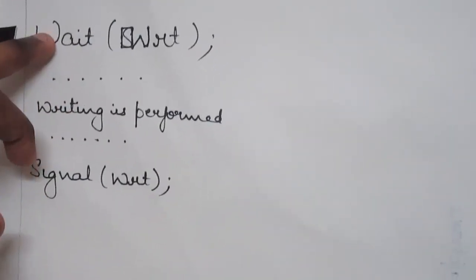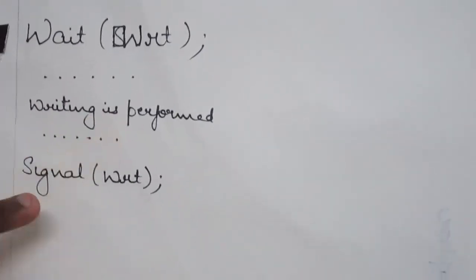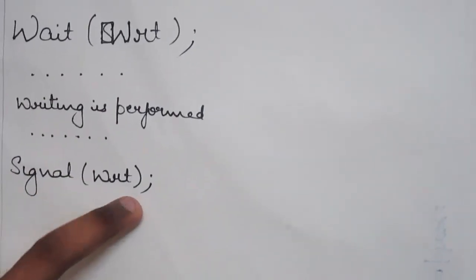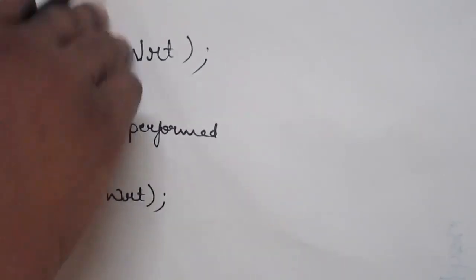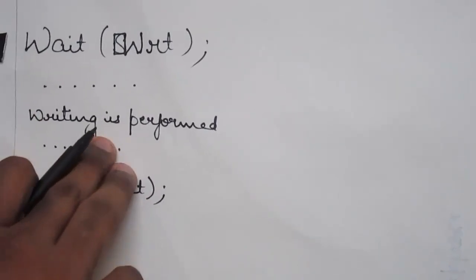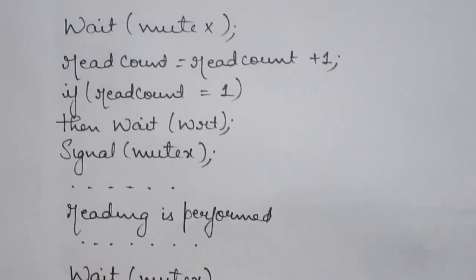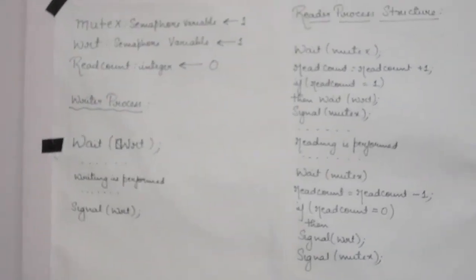Once this wait write has been successfully executed, writing can be performed by the writer process. Again the signal write operation will be performed, and after that, if the writer process wants, it can come and write the data or change the content of the shared file, or if a reader process wants, it can come and read the content of the file. Okay, so this is basically the overall code of the reader-writer process.